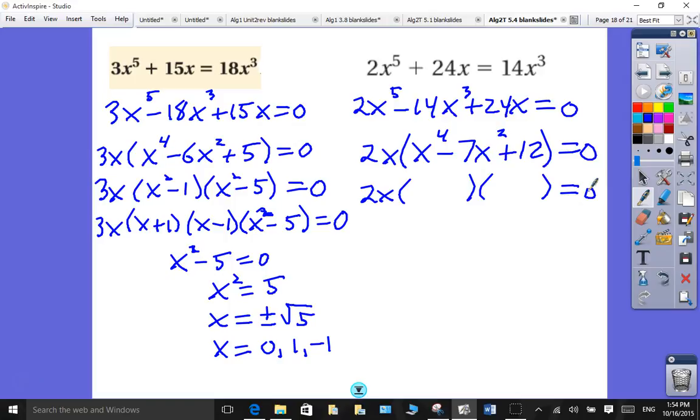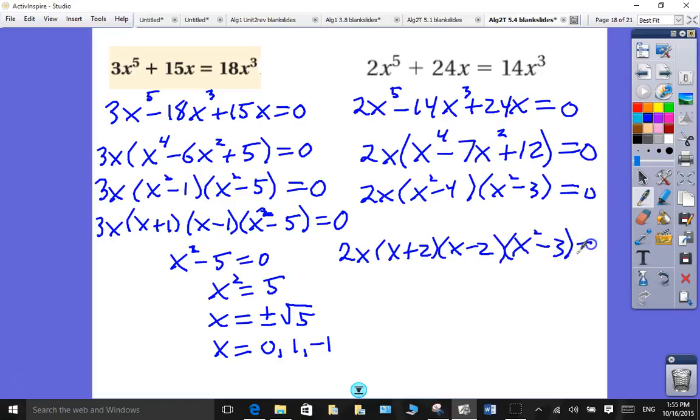So the factors of 12 that add up to -7: -3, -4. So x squared minus 4 times x squared minus 3. And one of those is a difference of squares, right? 2x times x plus 2 times x minus 2 times x squared minus 3 equals 0.